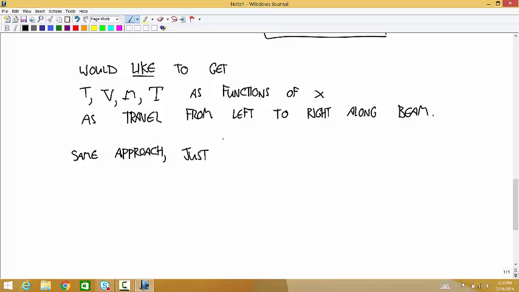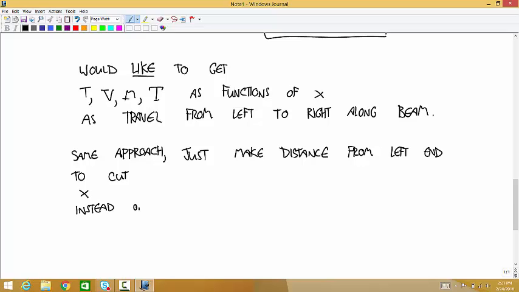It's just that we're going to make the distance from the left end to the cut x instead of 0.5.